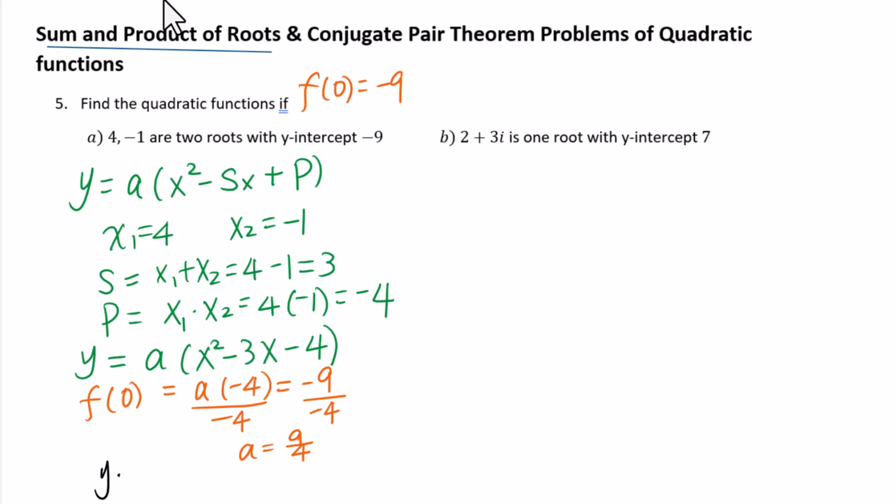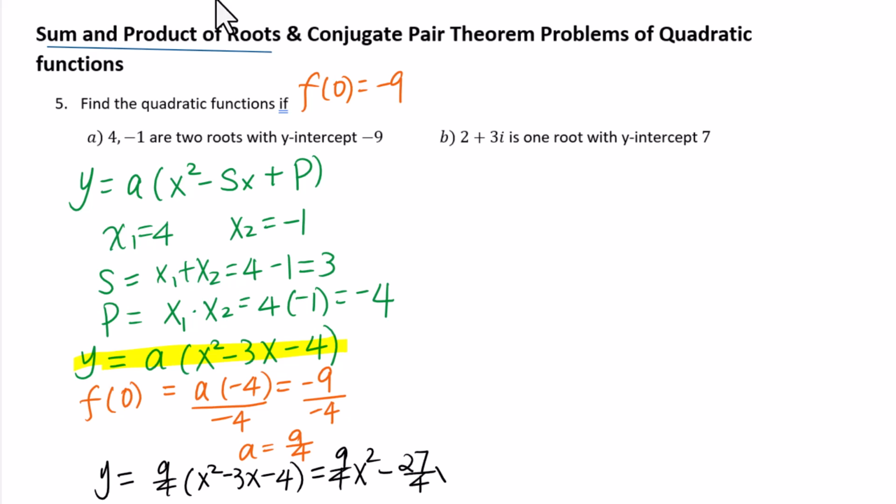Final answer is y equals 9/4 times x squared minus 3x minus 4. I just plug back into this function: 9 over 4 x squared minus 27 over 4 x minus 9.